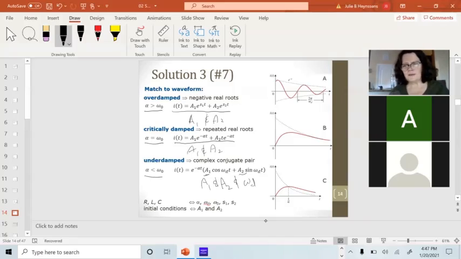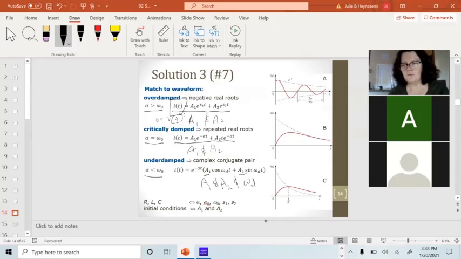Now, one thing that tends to trip people up is that these are written as i as a function of time. Remember, these are differential equations. If I'm solving for voltage, the form of the solution would look the same. If I was solving for power, the form of the solution looks the same.